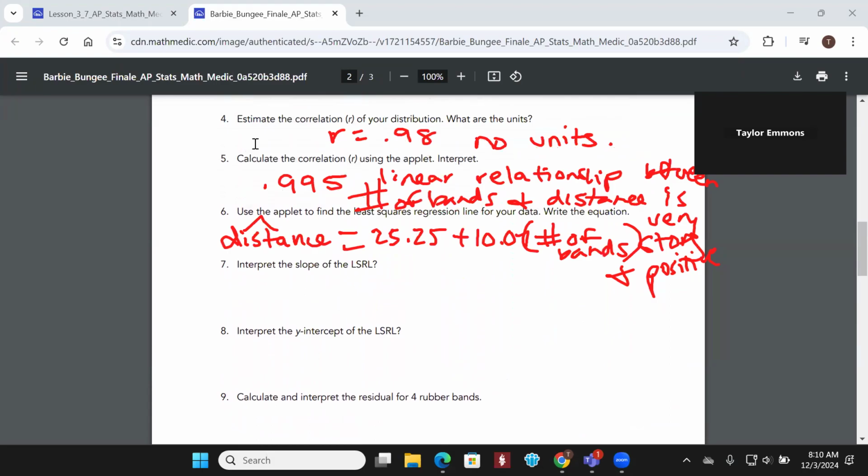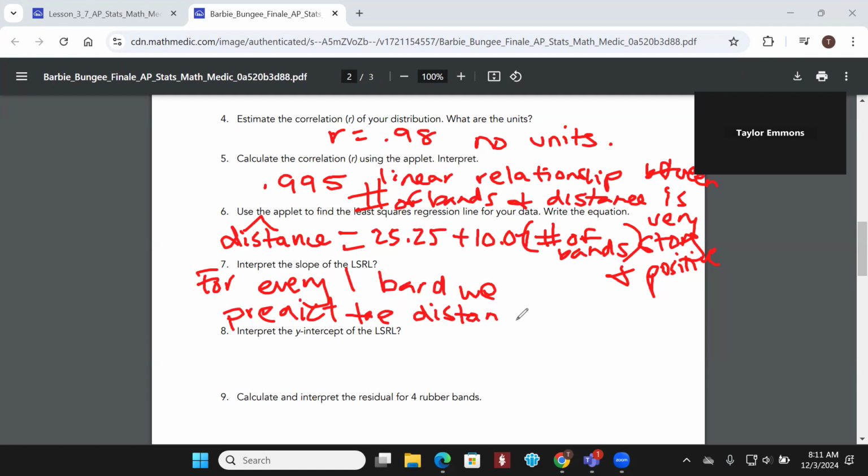Okay, so interpret the slope of the least squares regression line. That means that for every one band, we predict the distance traveled increased by 10.07 centimeters.